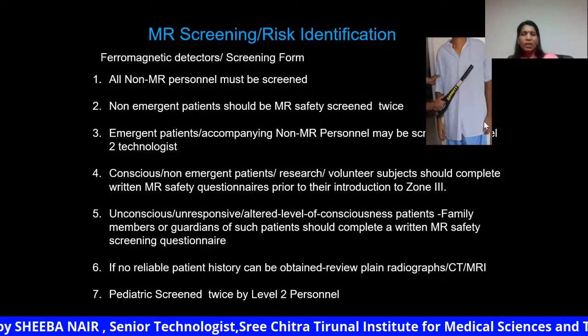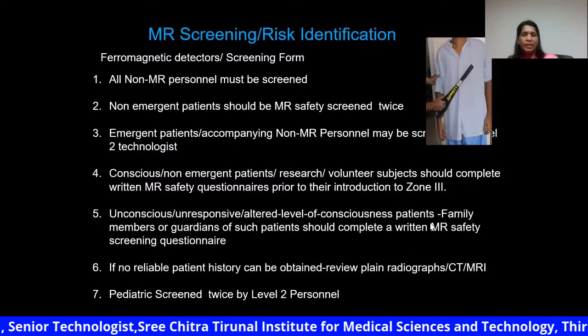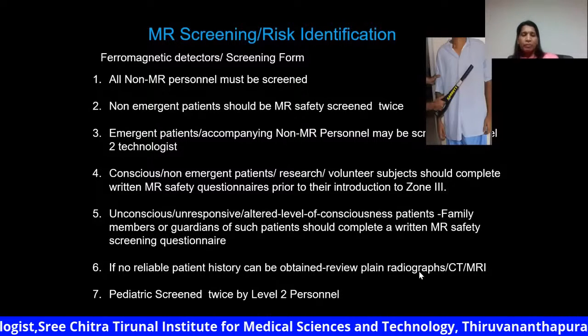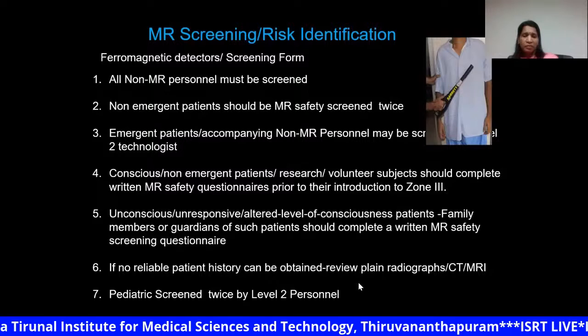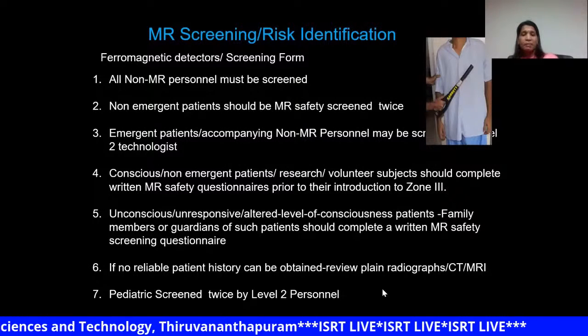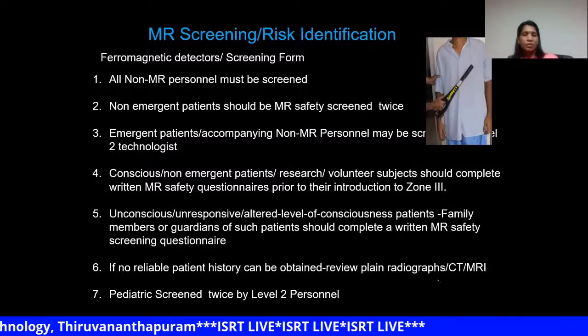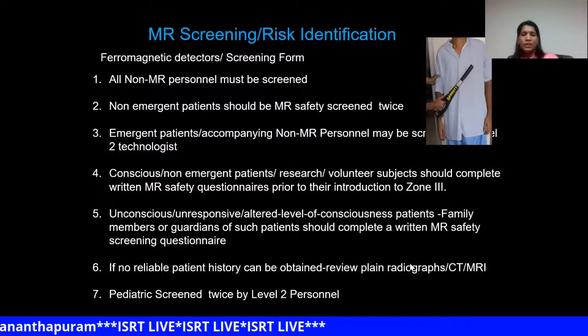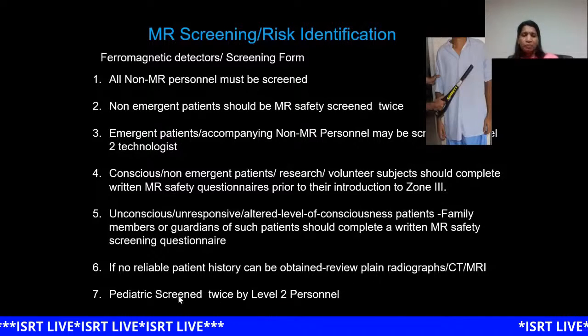Also, we can thoroughly check the patient's body for any scar. Then a risk-benefit analysis can be performed, and then we can do the MR for the unconscious and unresponsive patient.